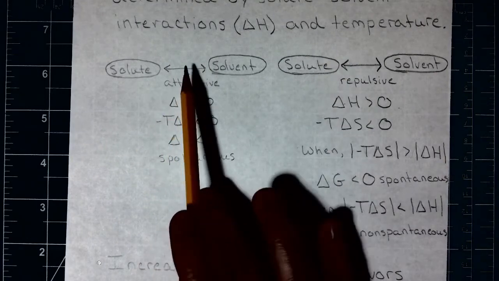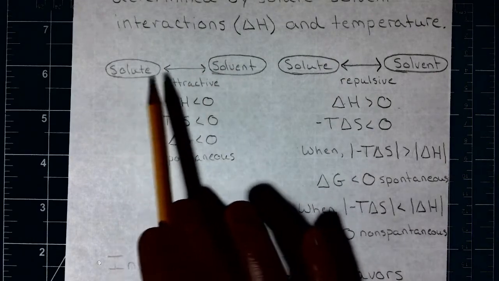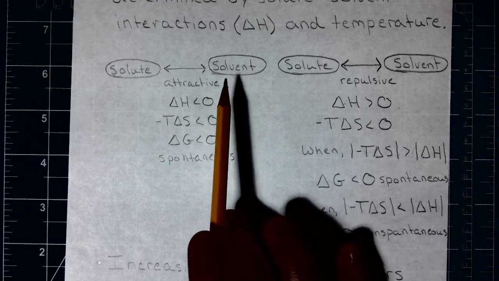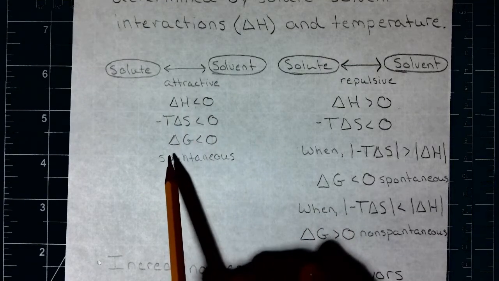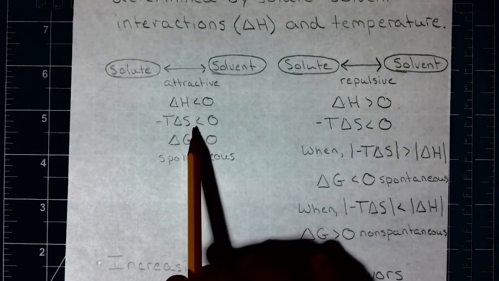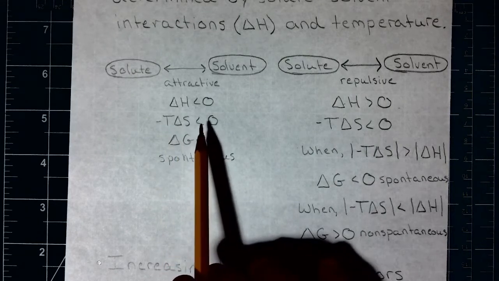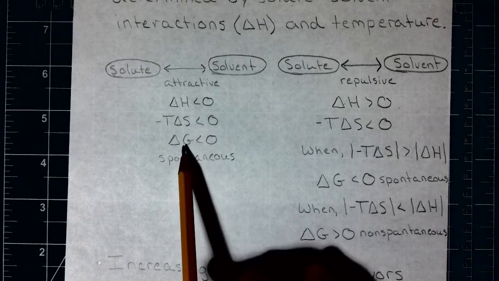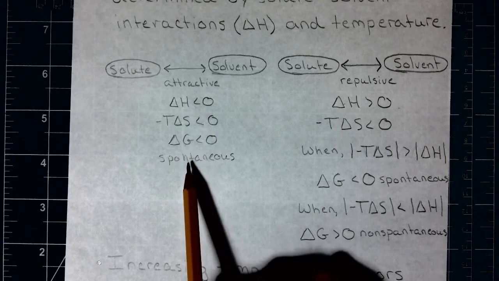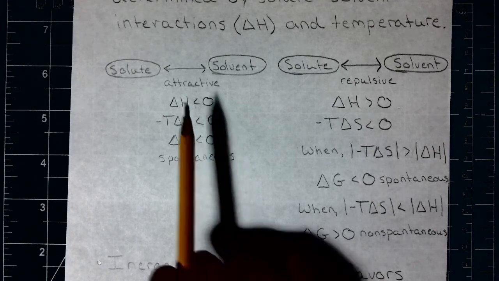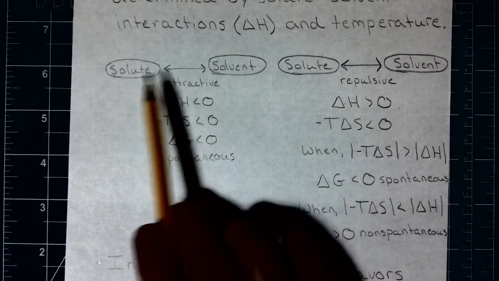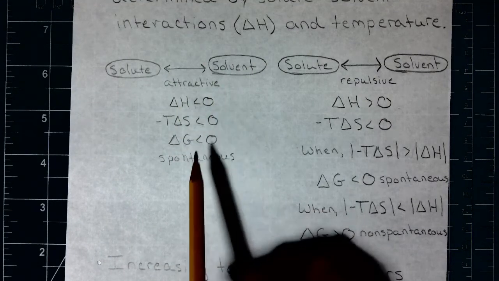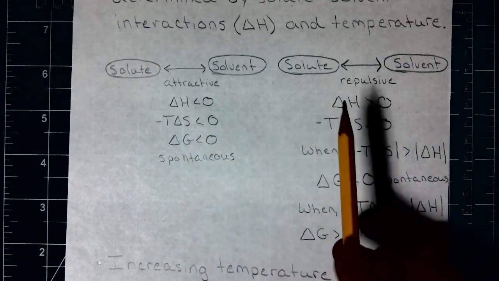So when we have attractive forces between the solute and solvent, then our delta H term is going to be negative. As we said, the negative T delta S term is always going to be negative. That means that delta G is negative, and we have a spontaneous reaction. So that makes a lot of sense. When the solute likes the solvent and they want to interact with one another, the solution actually forms.